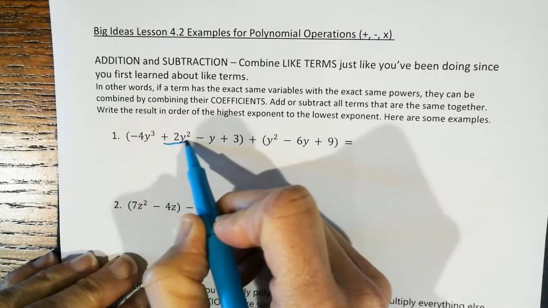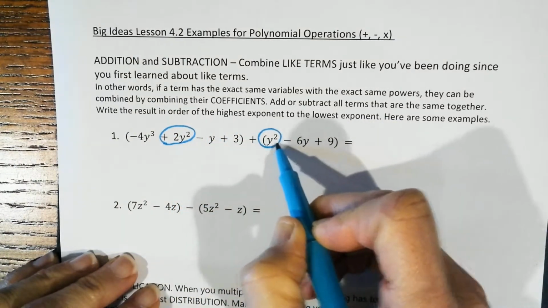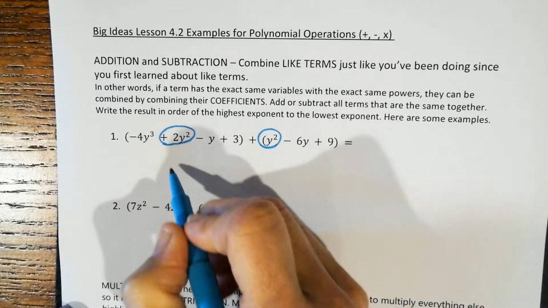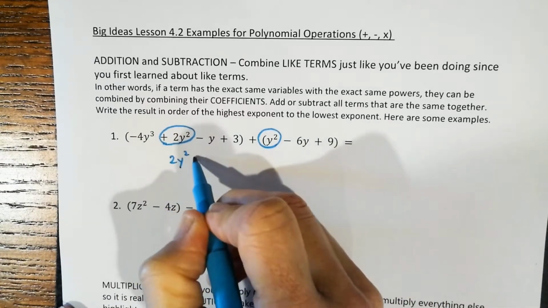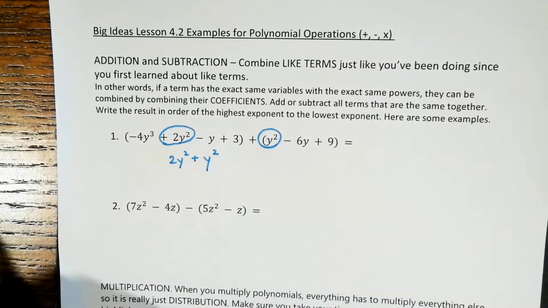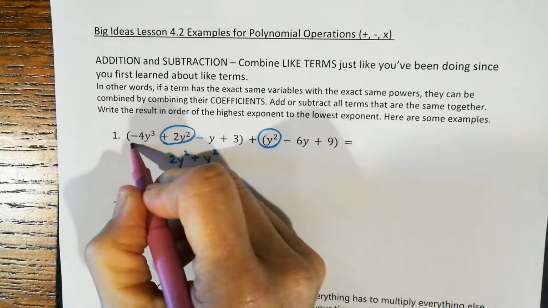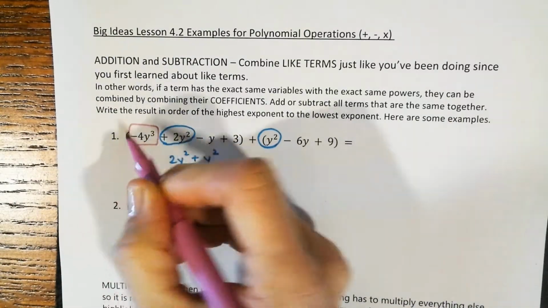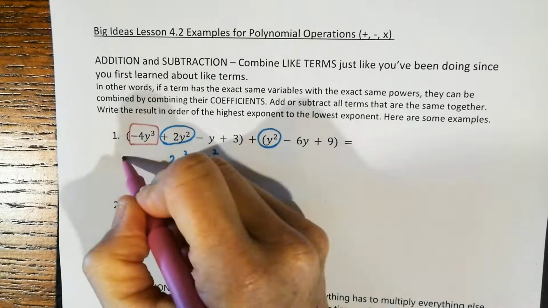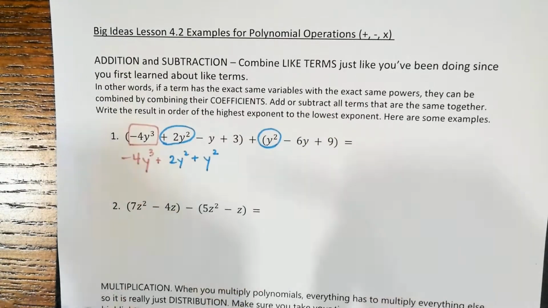But I do see that this is a y squared and this is a y squared. So I'm circling that in blue because these two can be added together. This one's all by itself. The y cubed is all by itself. So if you just have a pencil, you could do shapes as well.